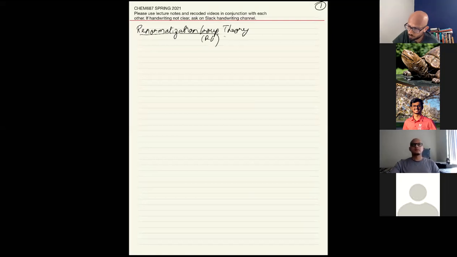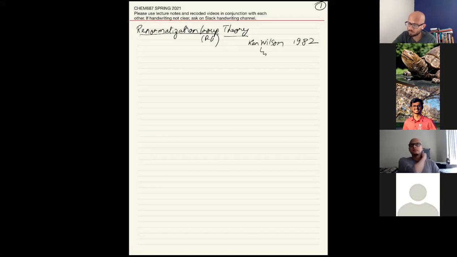So renormalization group theory is something we could take a full semester to do. It's quite a lot of ideas that go into it. And for this theory, Ken Wilson received the Nobel Prize in 1982 in physics.